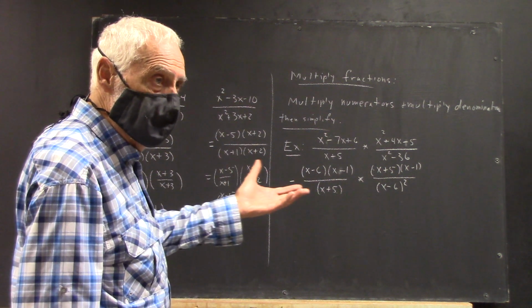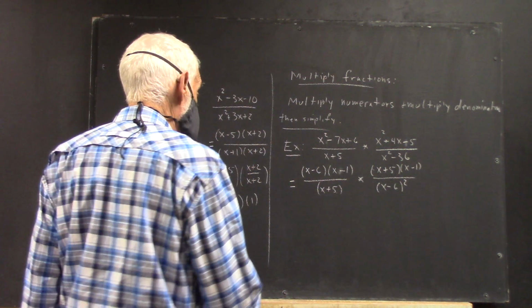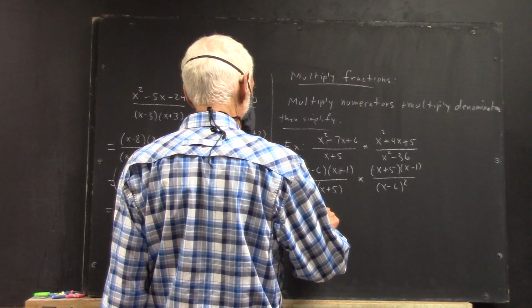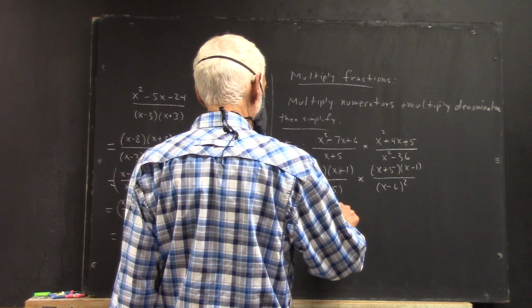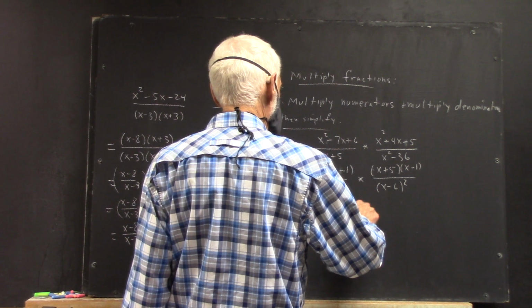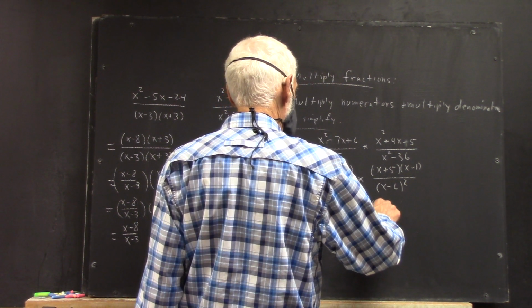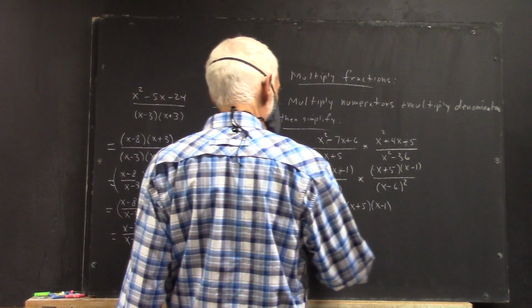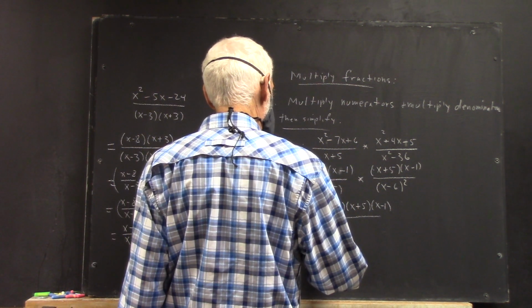So we're going to multiply the numerators, multiply the denominators. Well, there the numerators have been multiplied. Now the denominators.